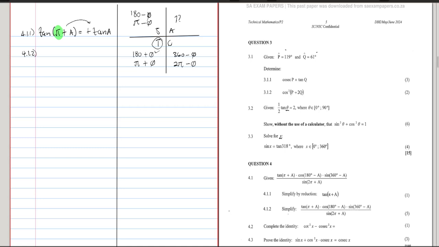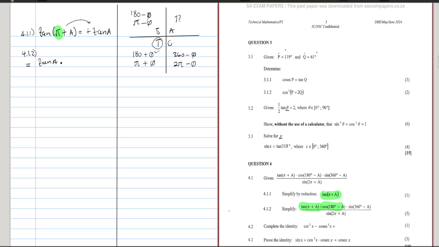4.1.2, they now want us to simplify that expression. Let's go straight to simplifying. The first part has already been solved in the previous question. It's tan a, multiplied by, for the second part, cos(180 minus a) in the second quadrant.